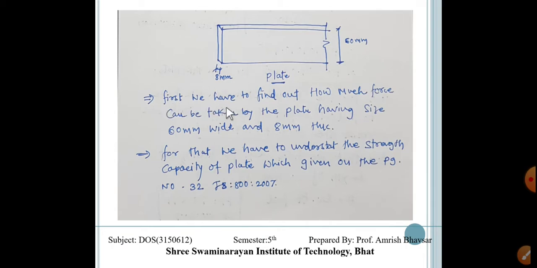So first we have to find out how much force can be taken by the plate of size 60 mm wide and 8 mm thick. For that we have to understand the strength capacity of the plate, which is given on page number 32 of IS 800. So all of you please open the code on page number 32.